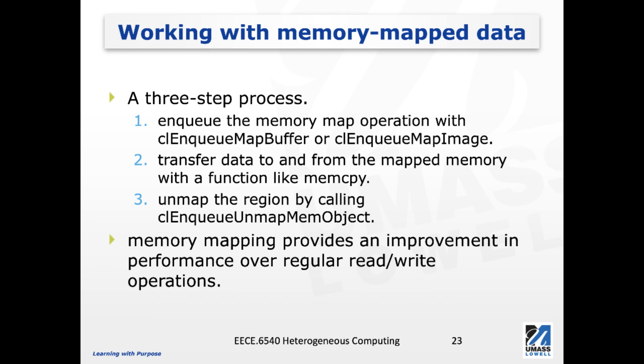Once the memory operation is done and you don't need this memory object anymore, you can unmap the region by calling enqueue unmap memory object. Memory mapping improves performance over regular read and write operations because you don't explicitly put read and write operations into the command queues anymore, and it's simpler in terms of programming on the host side.